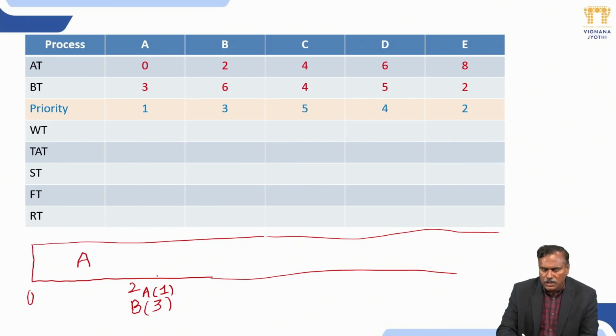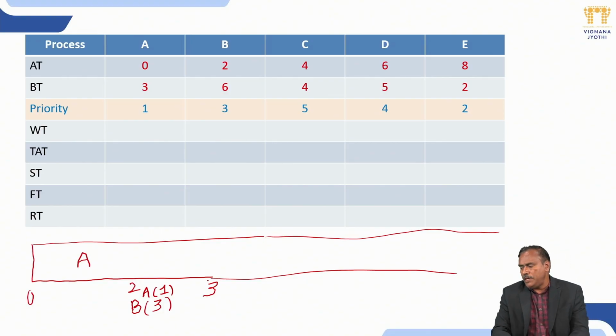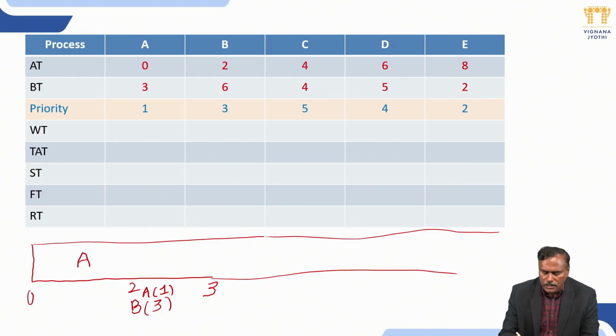So you are going to continue the execution of process A itself. You know its service time is 3 units of time. Already it has been executed for 2 units of time. So for just 1 more unit of time, the same process may be continued. So at the third interval of time, process A is going to get finished.